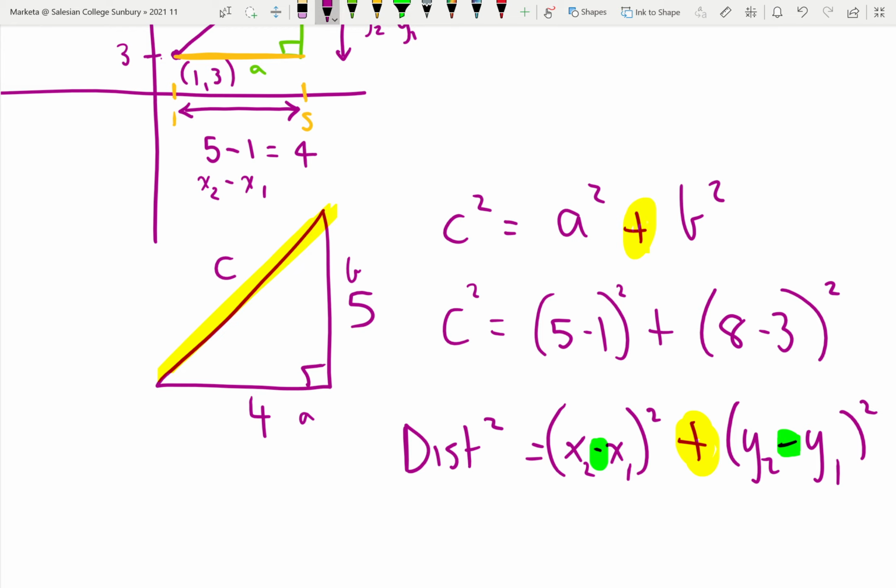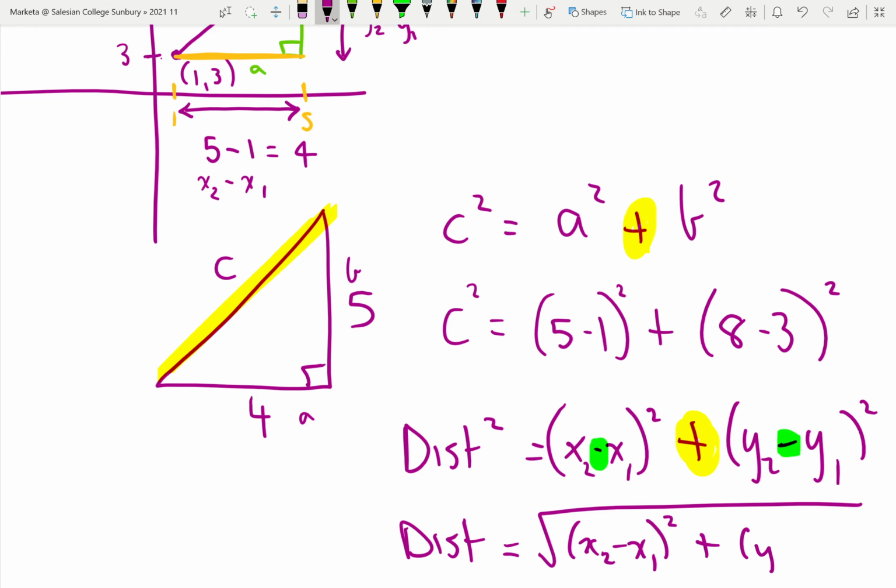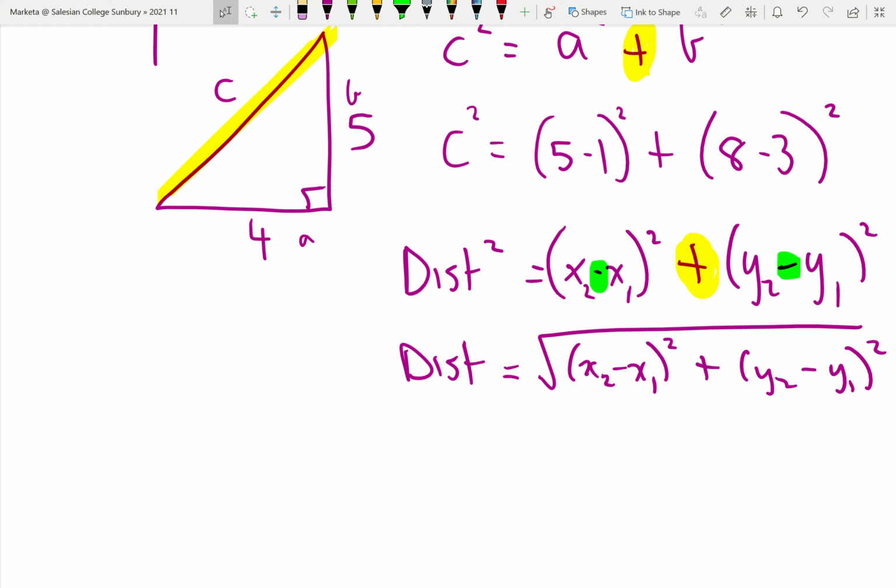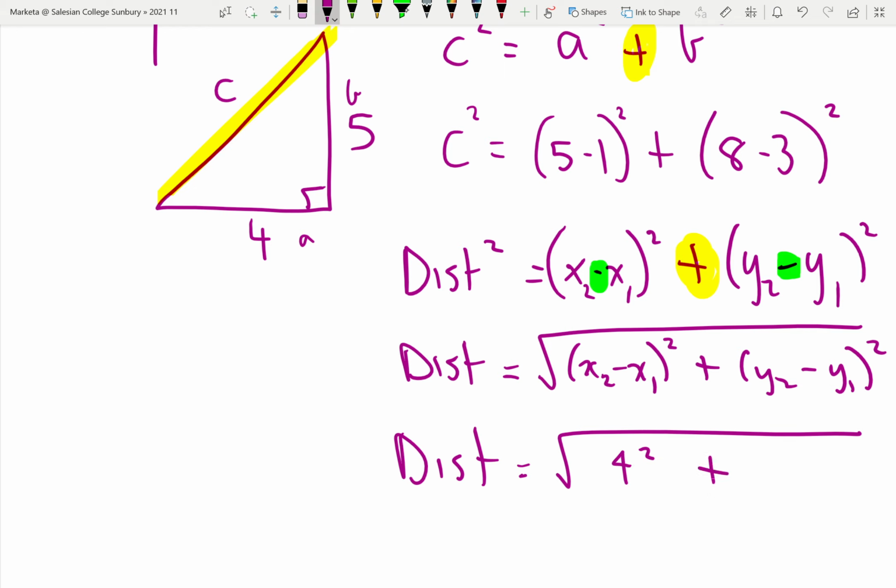So look, in other words, we can say then the distance is root of x2 minus x1 squared plus y2 minus y1 squared. And in this case, the distance equals the square root of 4 squared plus 8 minus 3 is 5, 5 squared.